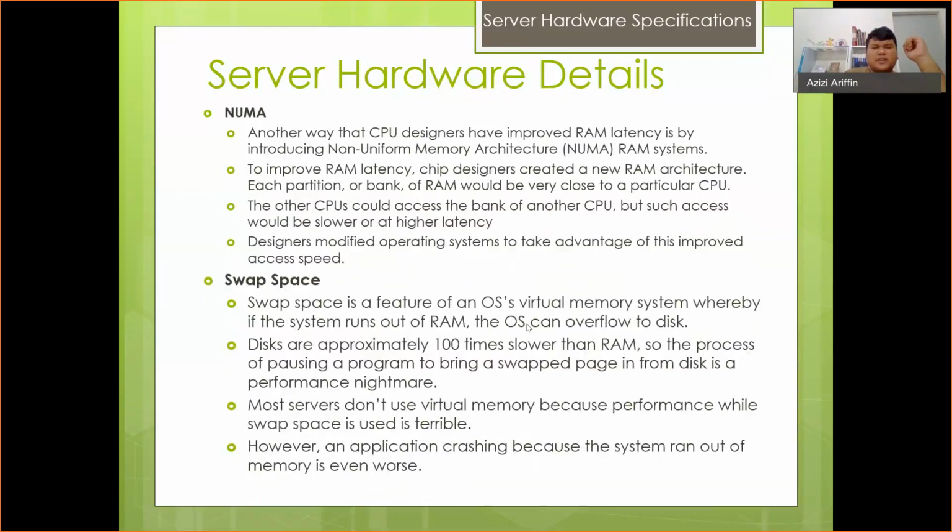Okay, swap space. Swap space is also a feature of the OS. For example, maybe the server has limited memory, right? Say the server only has 4 gig of memory, but it has a lot of disk space, and the application needs an additional 2 gig of RAM. In the operating system, usually we can use swap space.